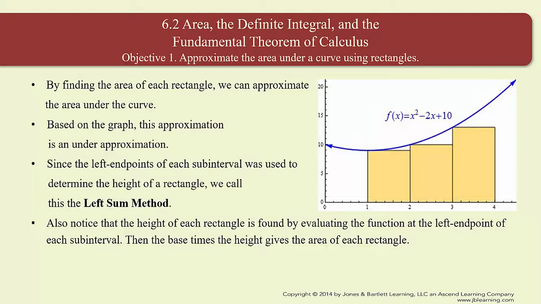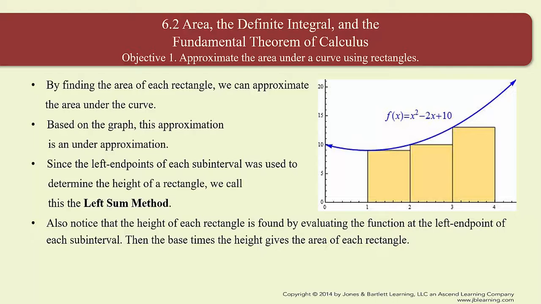Now, before I go to the next slide, I do want to mention that we could use the right endpoints of each subinterval to tell us the height of a rectangle.